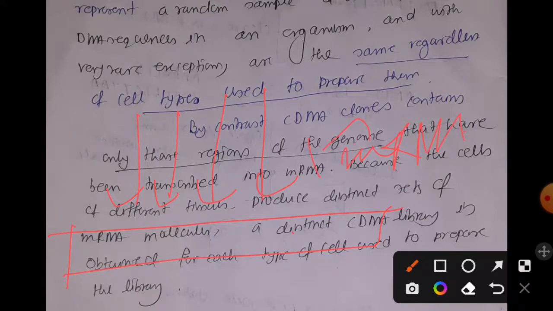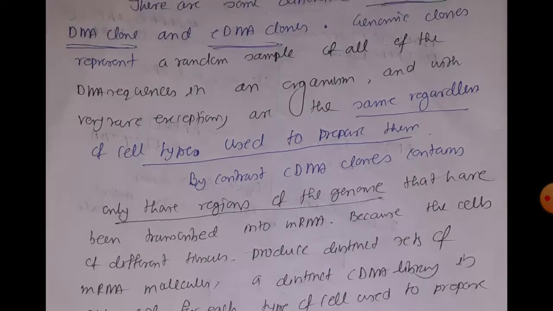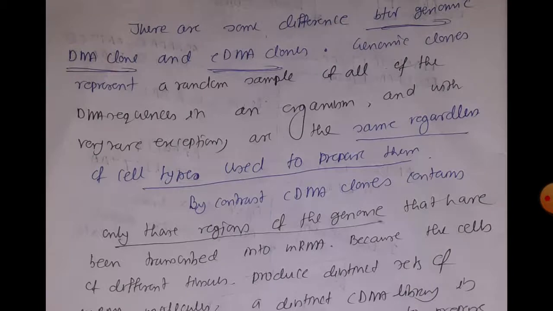That means that particular cDNA library you have constructed is only specific for the particular cell that you used to construct it. On the other hand, one genomic DNA library will represent the entire genome of an organism. So that is the idea you have to remember.